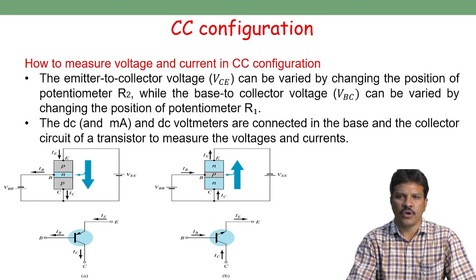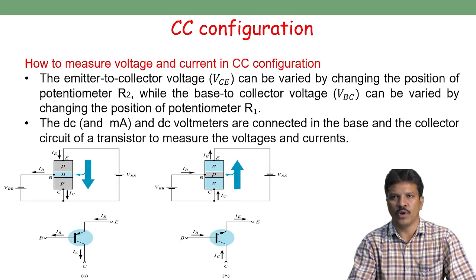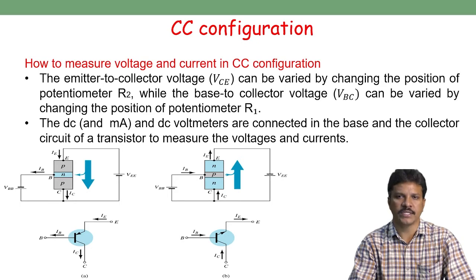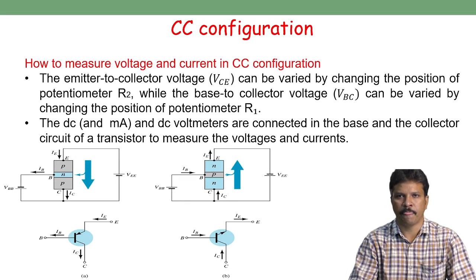Before measuring the input and output characteristics, we need to know how to measure the voltages and currents at the input side and output side. We need to measure the input current and input voltage, and the output current and output voltage. How do we measure all four parameters?